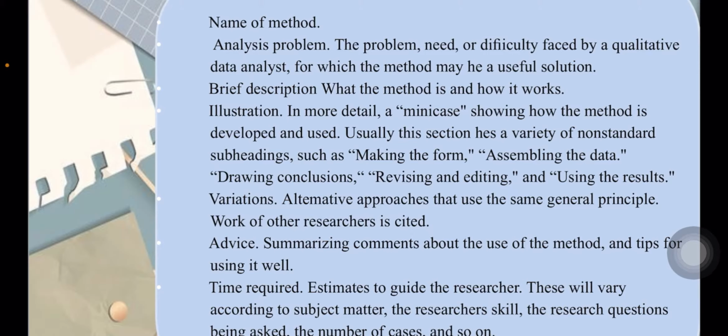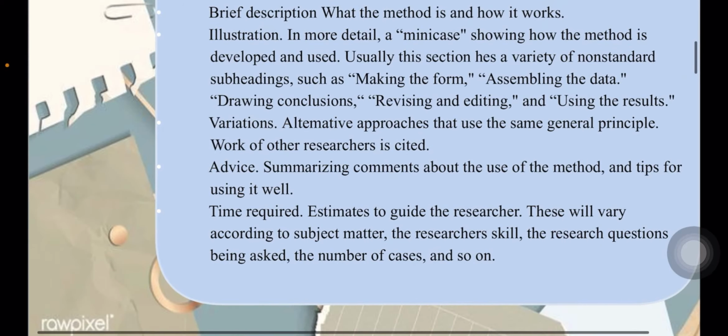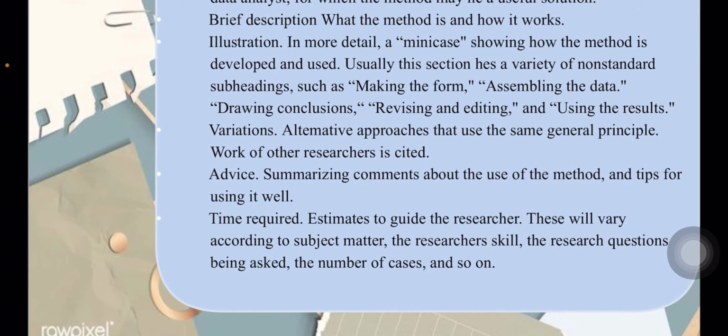Usually, this section has a variety of non-standard subheadings such as making the form, assembling the data, drawing conclusions, revising and editing, and using the result. Next, variation: alternative approaches that use the same general principle, work of other researchers is cited.